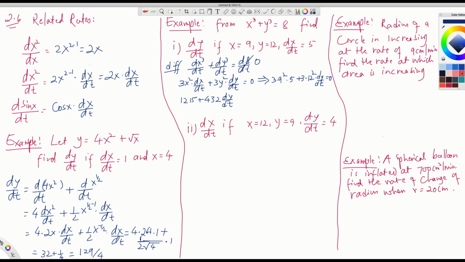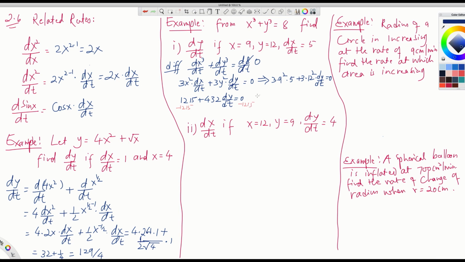So you subtract that, right? You subtract 1215. There is equals 0 as well, so I subtract 1215 there too. Subtract 1215. What do you get?